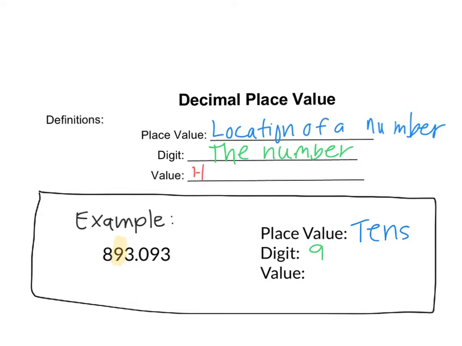So what do we mean by how much the digit is worth? Again, if we're looking at this 9 down here, that 9 is worth 90 because it's in the tens place. So the value here is 90.